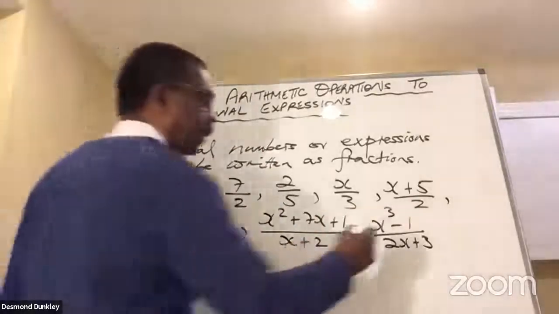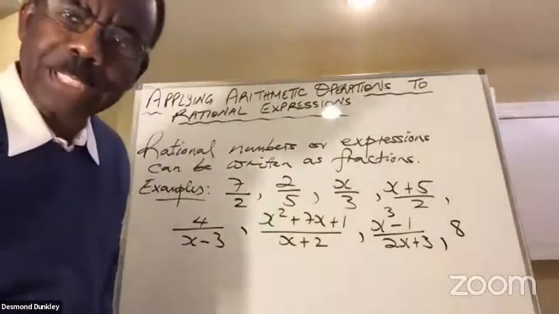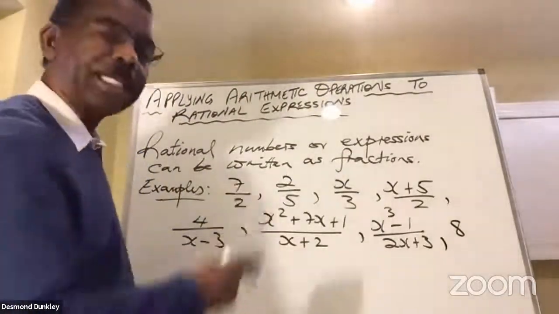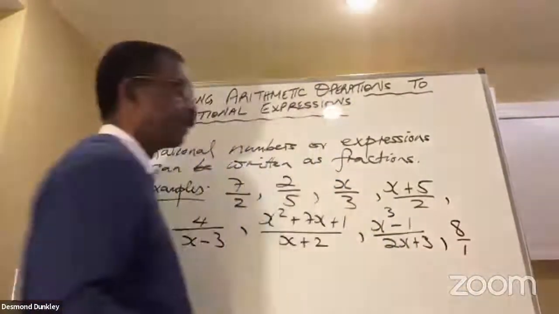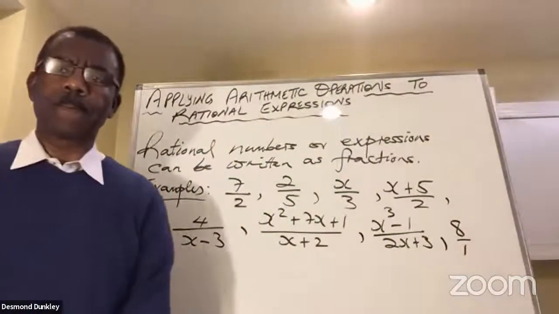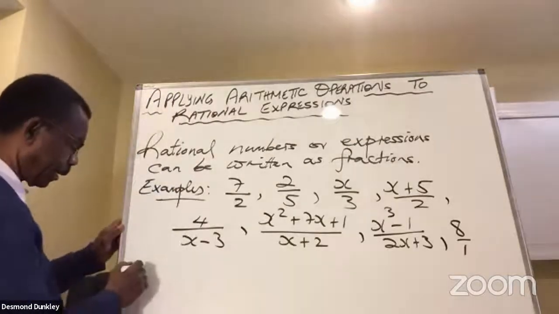I can show you this. If I gave you the number 8, that's also a rational number because I can write it as 8/1. So I think it's appropriate for me to give an example of an irrational number.